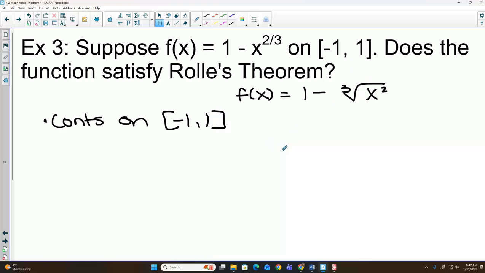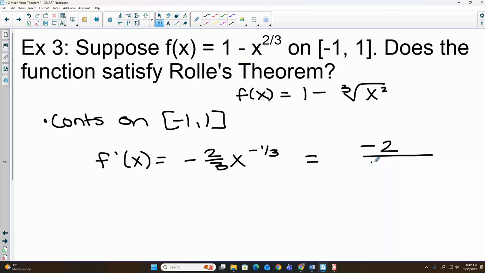Differentiable. Let's check. If we do the derivative, what do we get? What that means, a negative 1/3 is saying the cube root of x on the bottom.